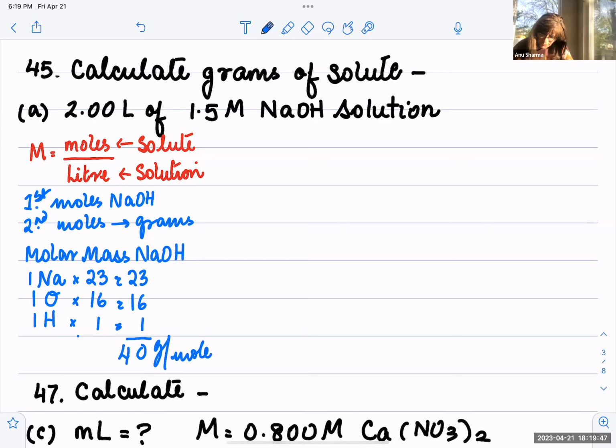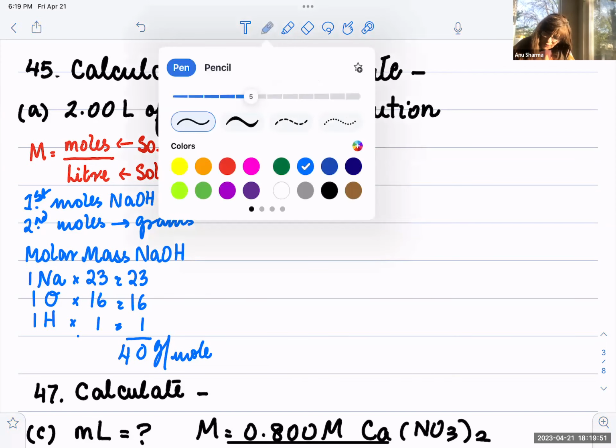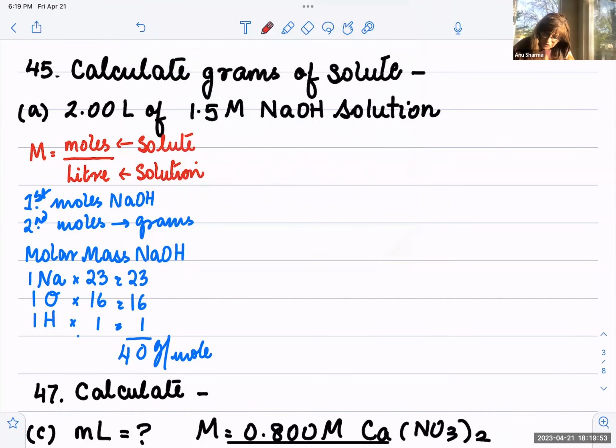So this is the molar mass of sodium hydroxide. Okay, so what is the formula after you do the conversion? Moles is equal to molarity times volume in liters, the solution volume.